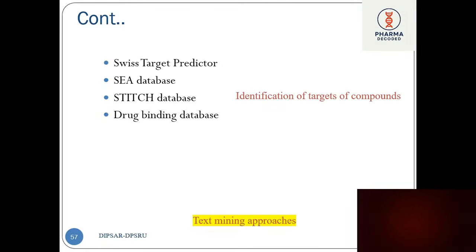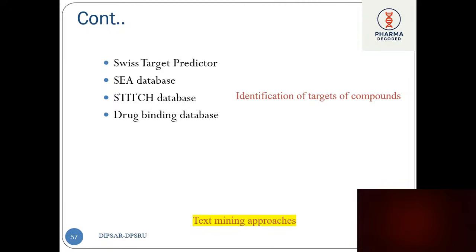Then the second step is identification of targets of compounds. Of course, when we are talking about pharmacology, we are talking about drugs, new chemical entities. So there are two files which you have to create. One file will contain the targets which are involved in the disease. One more Excel file which you have to prepare contains all the targets which your compound can hit.